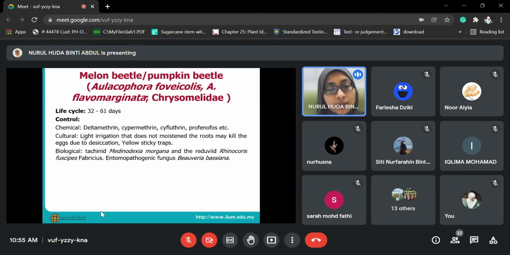Okay, so that's why the yellow sticky trap can be used to attract or catch many insects, not only this melon beetle. You can catch flies as well with a yellow sticky trap.